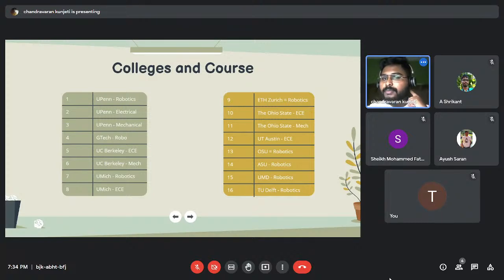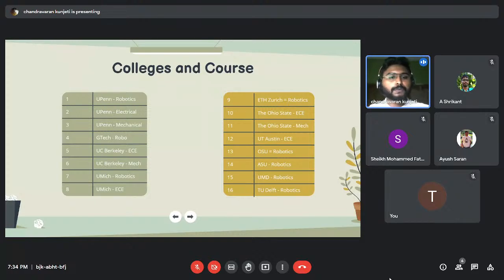So it doesn't matter what specialization you picked. On the other hand, there may be colleges where you take a particular specialization, for example robotics, and you may have only 30 or 40 courses to pick from. These are things you should look into whenever you think of robotics as one of your majors.